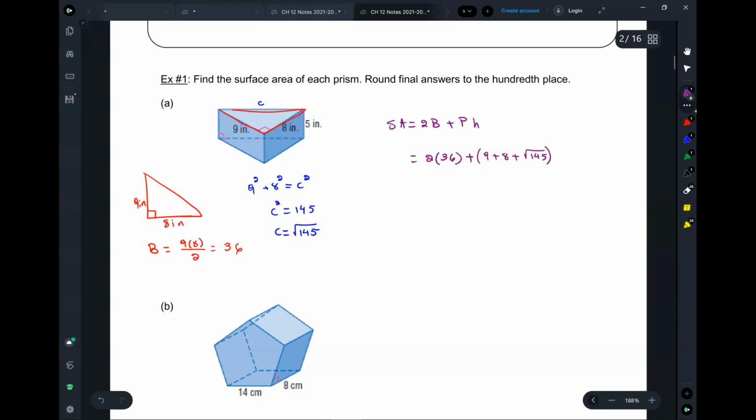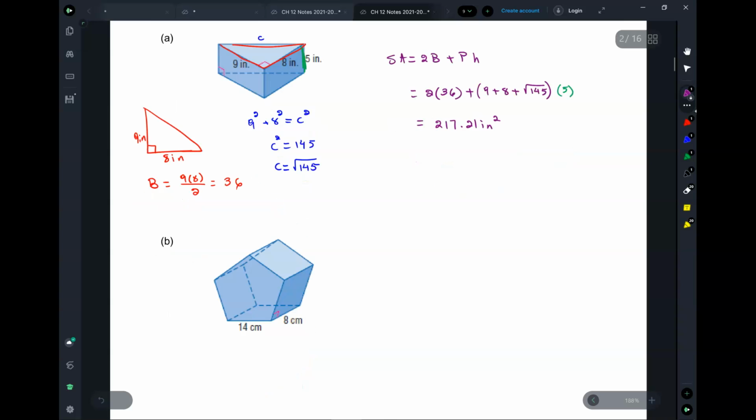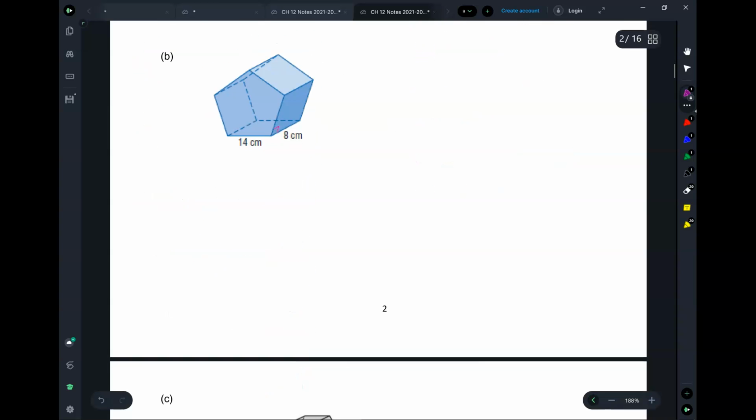And then what's the height? 5, right? Height is the 5 because it's the distance between the two bases. Times 5. And you plug that into your calculator and you get 217.21 inches squared. Okay? All right.